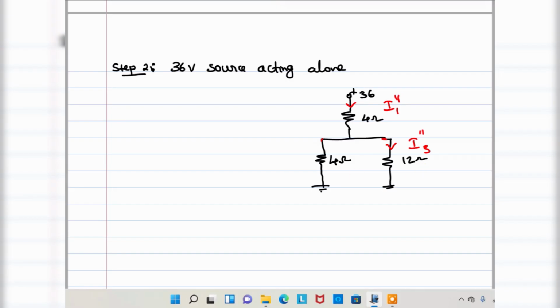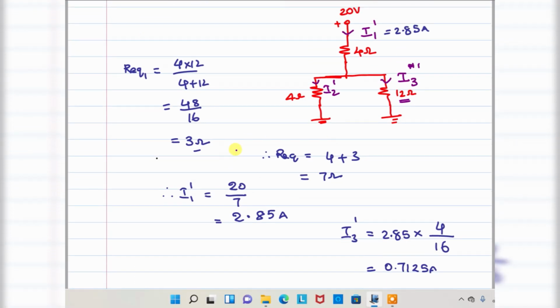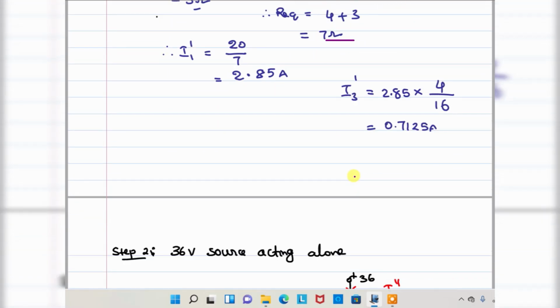So for that, 4 and 12 connected in parallel, already we calculated previously, R equivalent you got 3 ohms, right? Again this 3 ohms in series with 4 ohm, that may be equivalent to 3 plus 4, 7 ohms. Okay, till now it is completed.